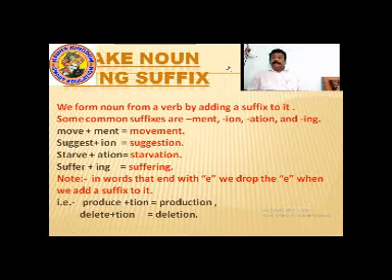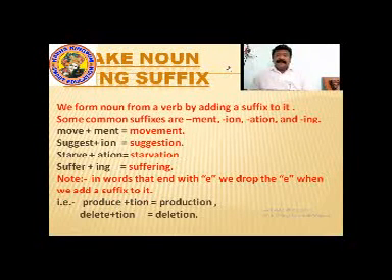In produce, that E is dropped to add a suffix and it became production. In delete, that E is dropped, and by adding tion, it became the word deletion.